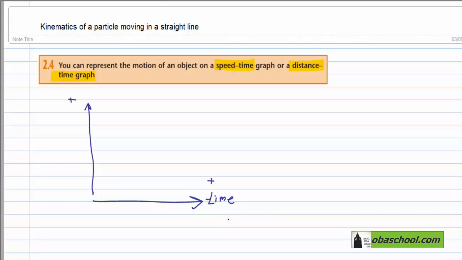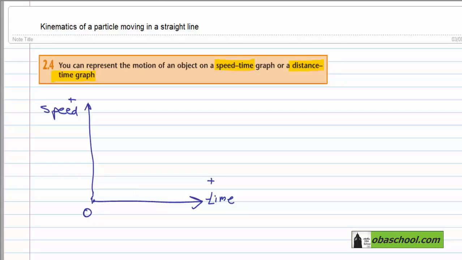Next, speed in a speed-time graph is presented on the y-axis and is plotted versus time on the x-axis. Motion starts from the initial point at time t equals 0, and this point right here is the point of intersection of the x and y axis, which is at 0 time and 0 speed.